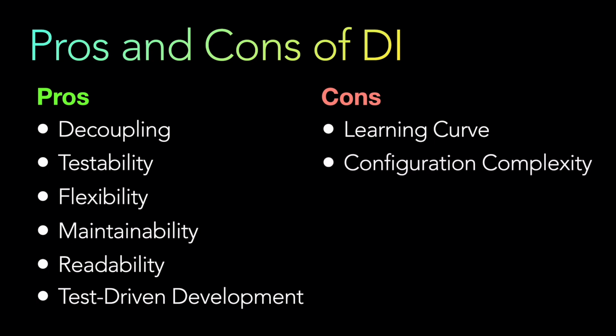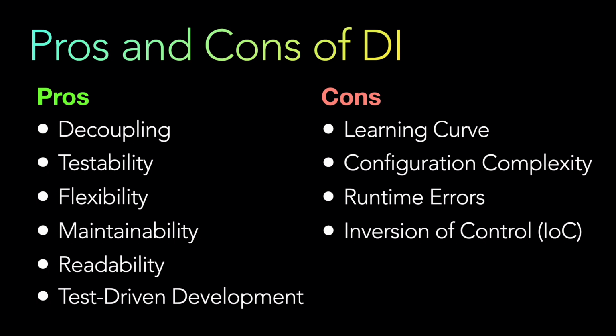Configuration complexity: configuring and wiring dependencies manually or using a DI framework can introduce complexities. Large projects with many dependencies may require extensive configuration, which can be challenging to manage at times. Runtime errors: issues related to dependency injection, such as missing dependencies, may manifest at runtime, which is a problem.